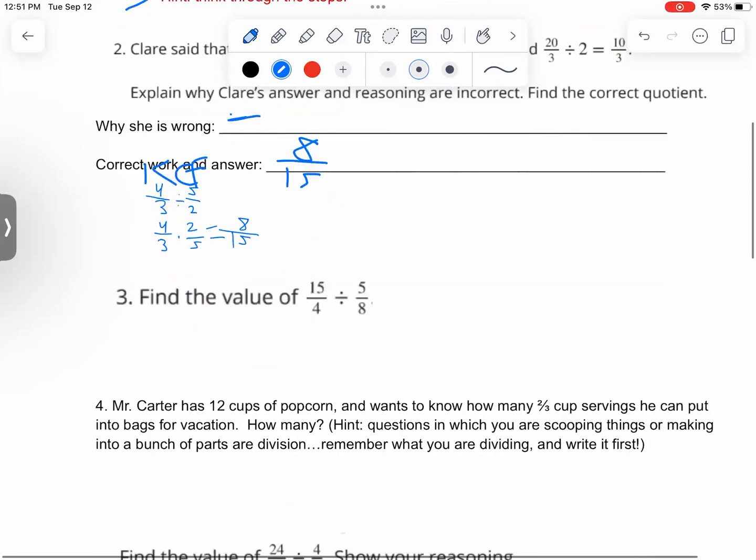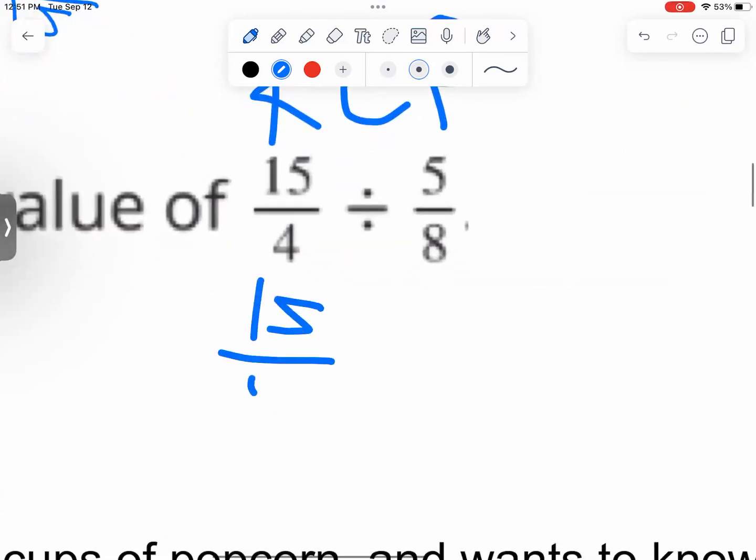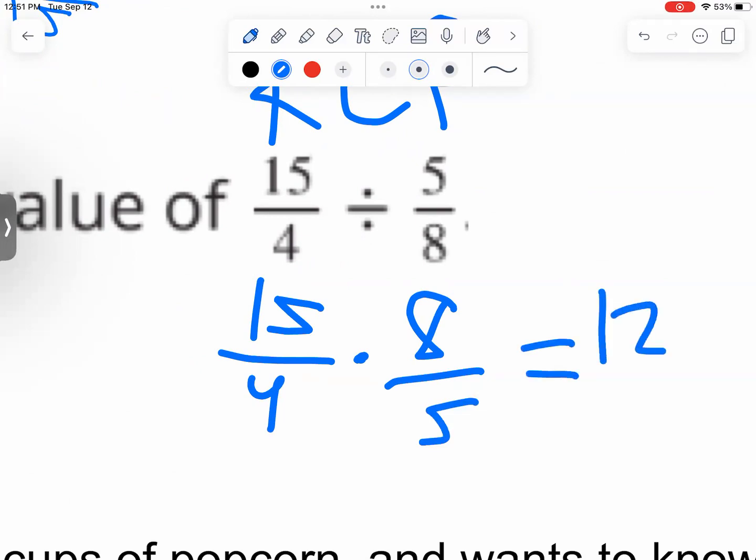All right, number 3. I'm going to put the KCF over there because I think that helps people to remember what we're doing here. We're going to keep 15/4, change to multiply, flip, or find the reciprocal of 5/8, which is 8/5. Now if you went ahead and multiplied across, you would have 120 over 20.